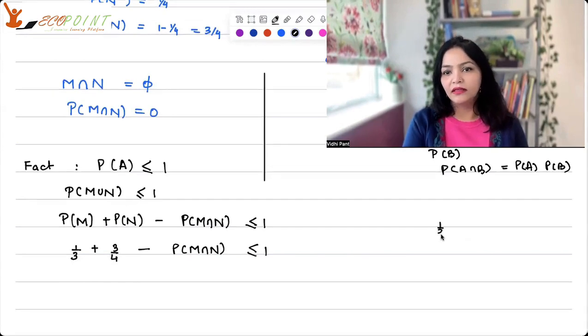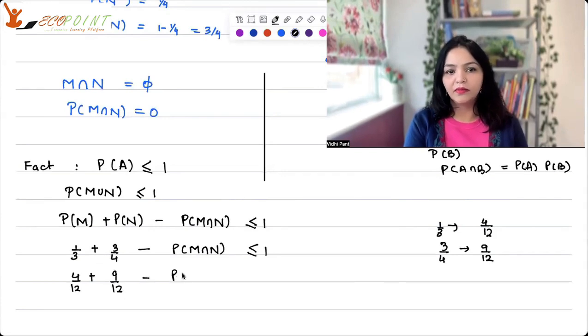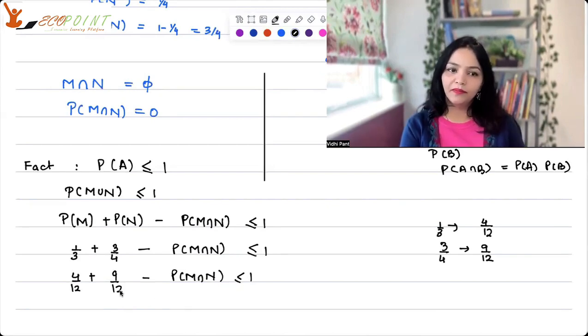So 1 by 3 is the same as 4 by 12, and 3 by 4 is the same as 9 by 12, right? So that means 4 by 12 plus 9 by 12 minus probability M intersection N should be less than or equal to 1.